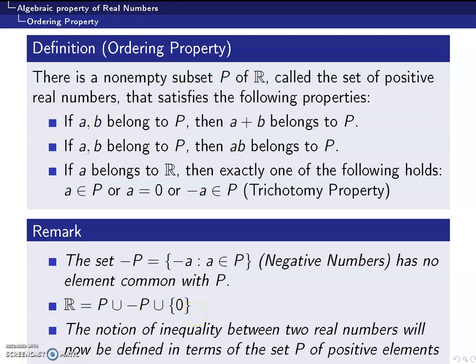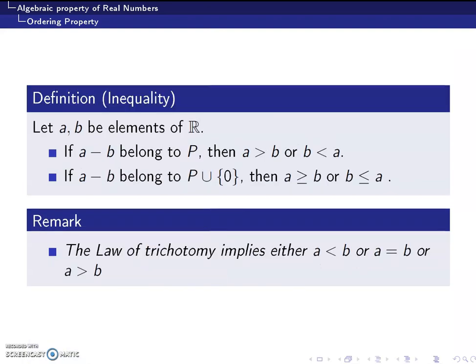And using the ordering property, we can define the notion of inequality, which helps us in comparing any two given real numbers. It can be stated as: if A and B are any two elements in R, then if A minus B is an element of P, that is, the set of all positive numbers, it means that A is greater than B, or B is less than A. Both are the same.